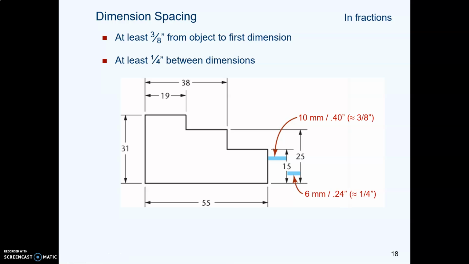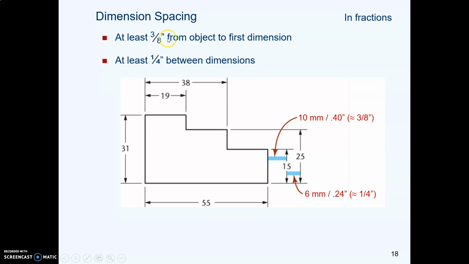These numbers might seem odd, and that's because ASME gives these spacing dimensions in millimeters. The ASME standard is metric, so if you translate 10 millimeters to inches, you get about 0.4 inch. Well, as a drafter working in a drawing with inches, you would be allowed to say, well, okay, 0.4, that's approximately 3/8 of an inch.